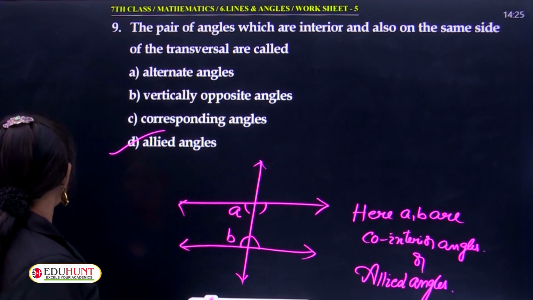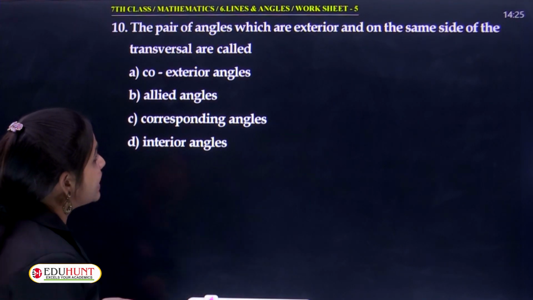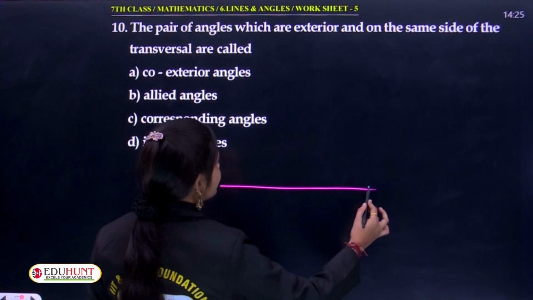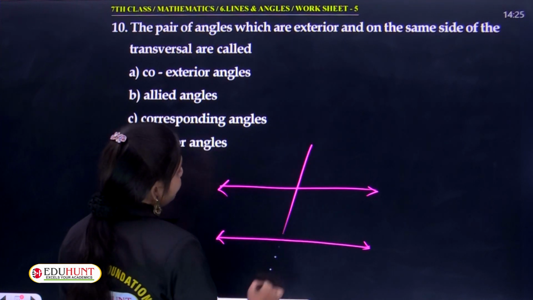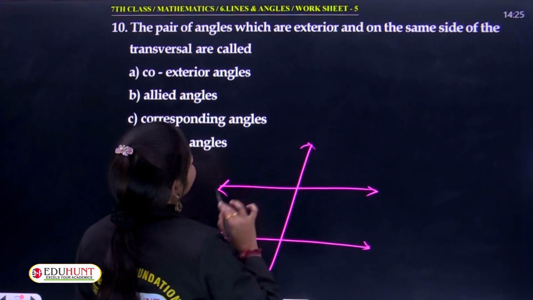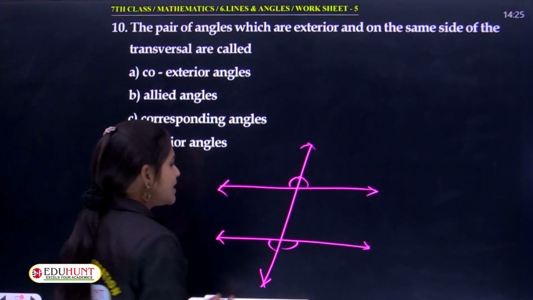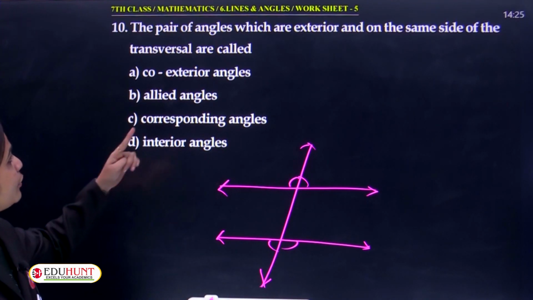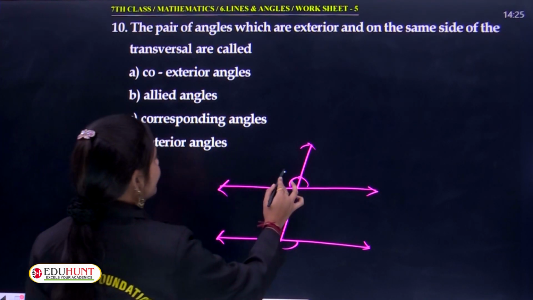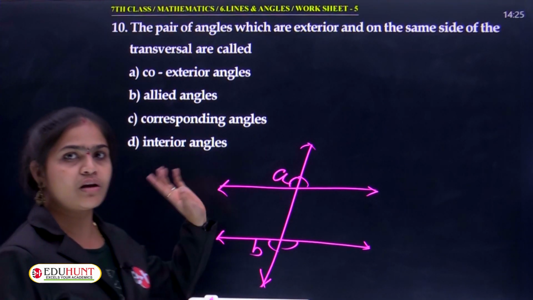10th one. The pair of angles which are exterior and on the same side of the transversal. Exterior angles, how many are there? Exterior also has 4 angles only. Now these lie on the same side of the transversal, either right side or left side.